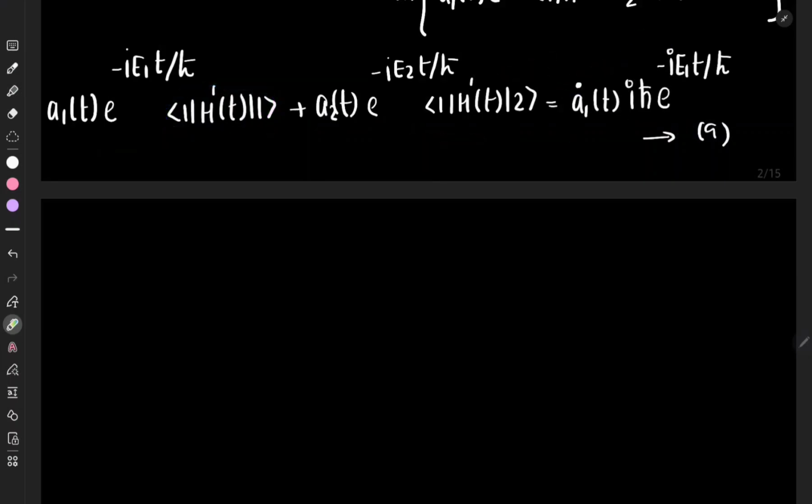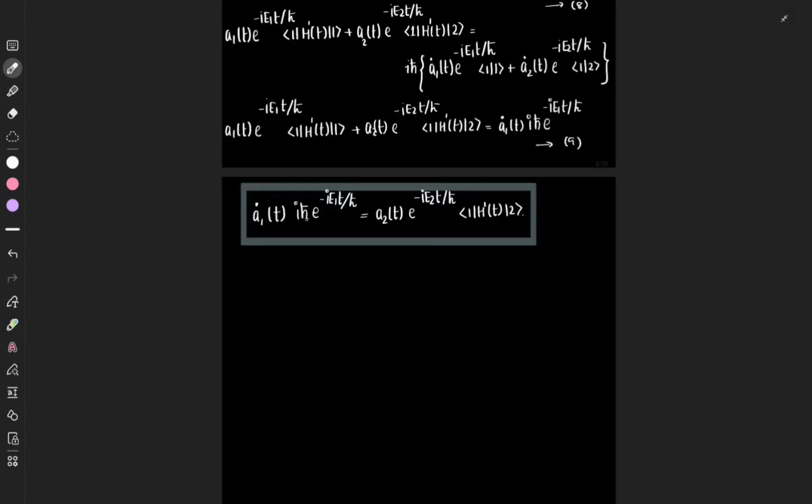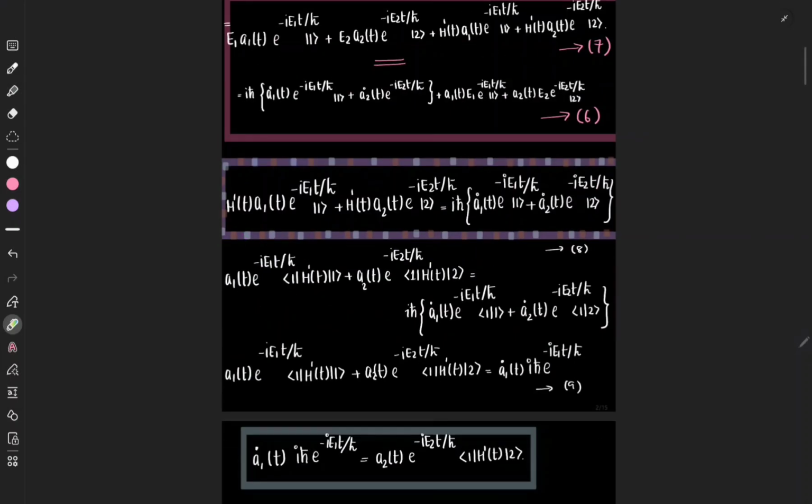So I'll rewrite and give you the final formula. So successfully we found the equation for A1 dot. Now you have to find for A2 dot. In order to find that, you have to revisit this equation, and here what we did was multiply with bra of 1.